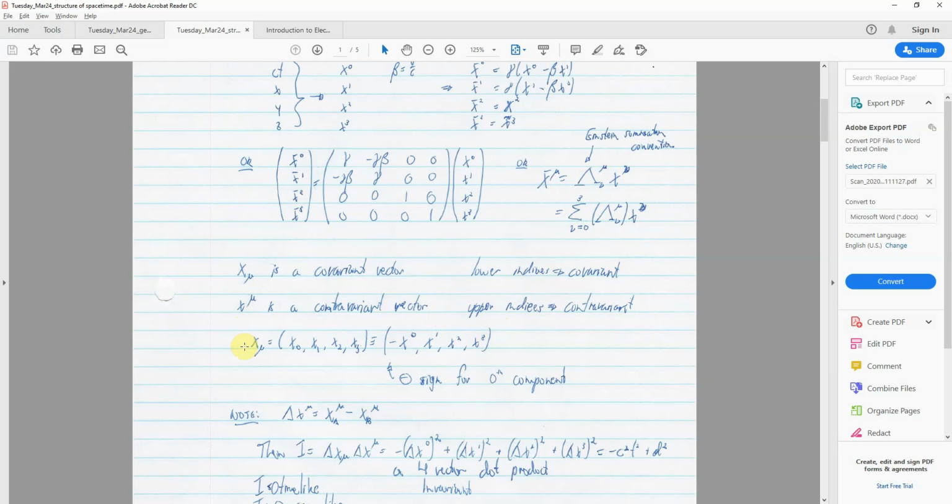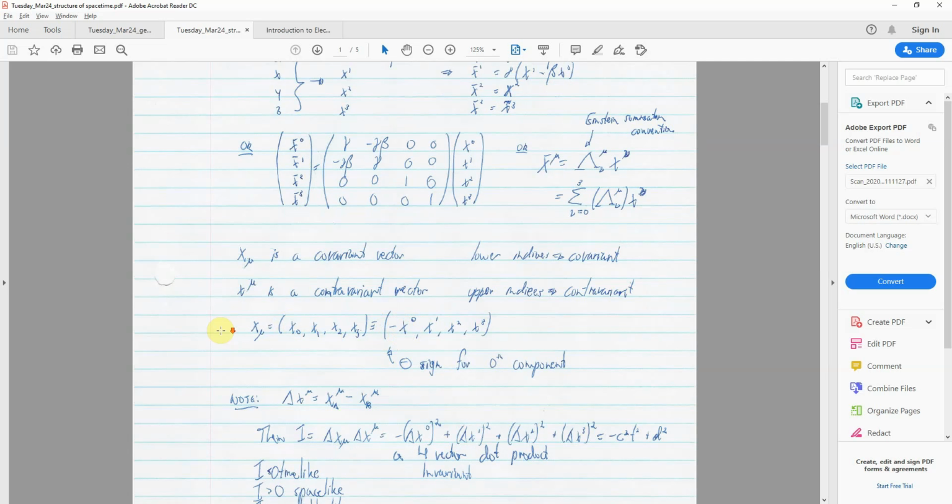The only difference between contravariant and covariant vectors is that when we have the lower index, we can transform from the covariant to the contravariant by just multiplying that first component by a negative sign. So this would be negative ct, whereas this would be positive ct.